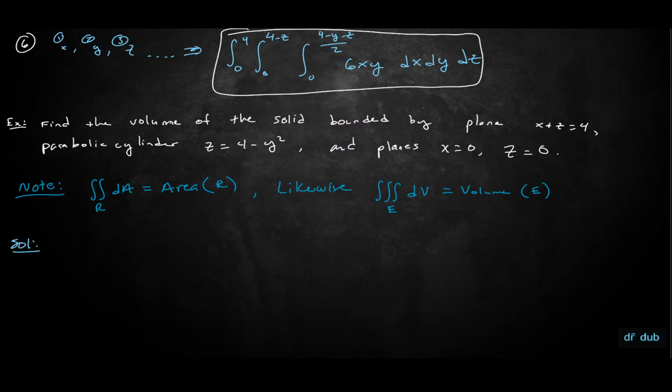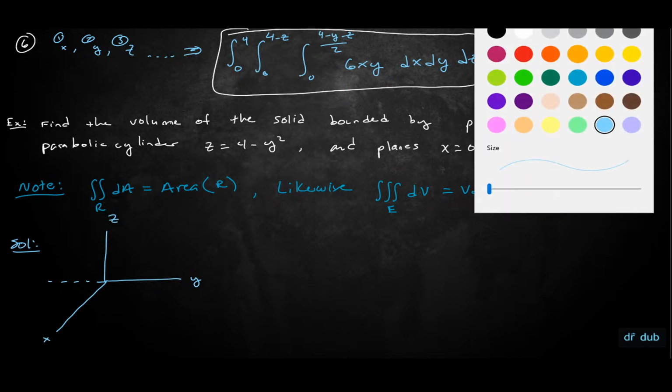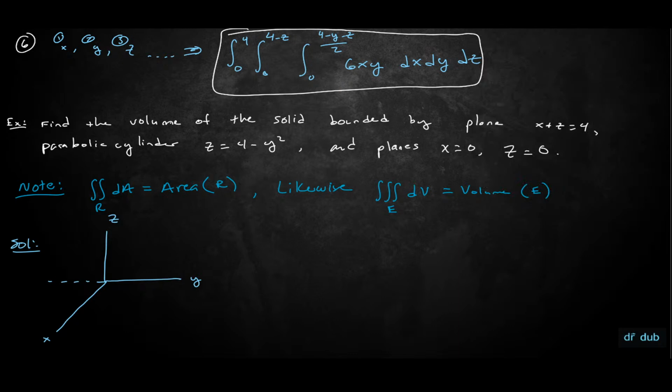Let's graph it and then decide on an order of integration. So let's graph this thing if we can. Let's see what happens. We're bounded below by the xy plane, z equals 0. So let's draw the parabolic cylinder first.